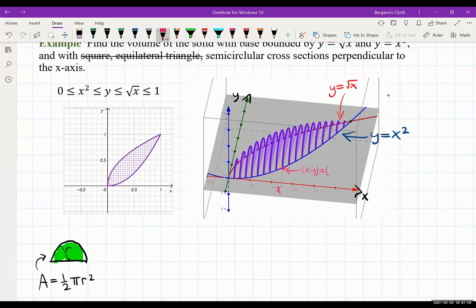That's where y is x squared. And if I go up above it, right there is the point where y is the square root of x. So I can find the distance between those 2 points. And I'm going to call that distance d. And d is going to equal the y value on top minus the y value on the bottom.